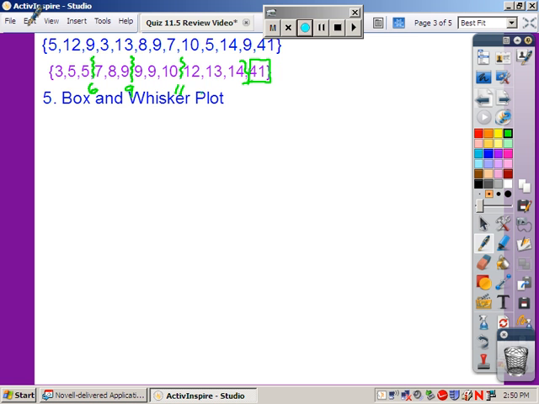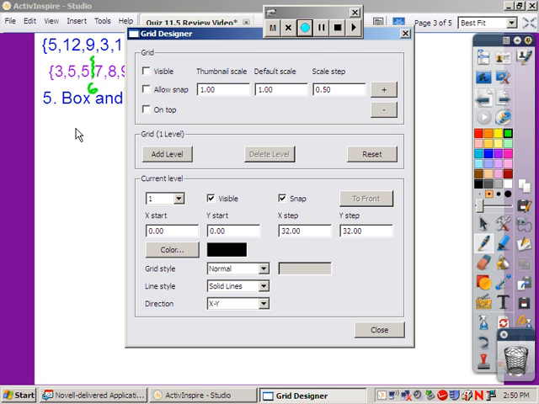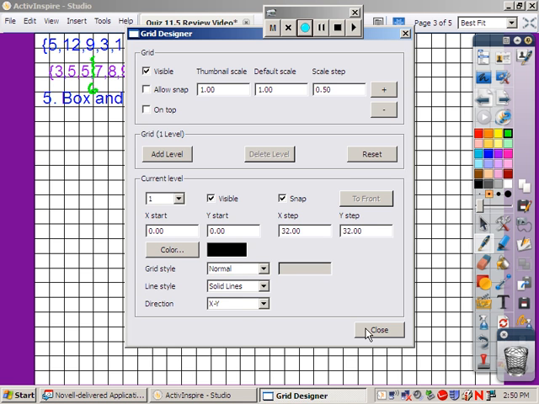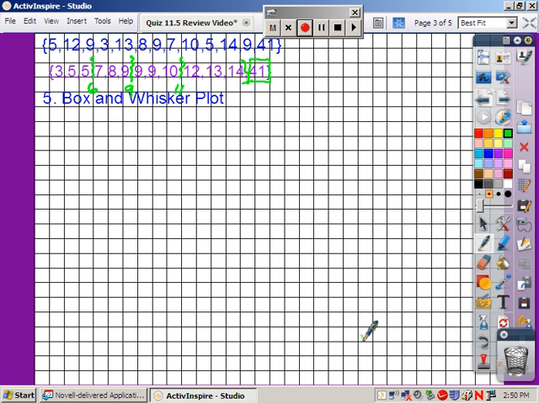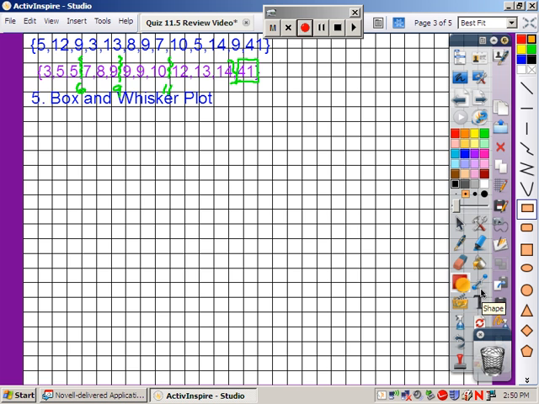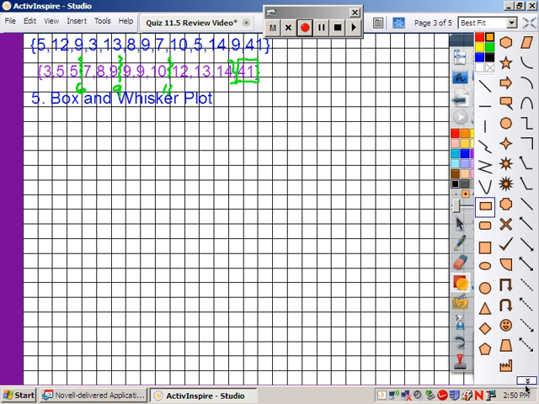Okay, so let me add this graph in here just to make this a little easier for us. Okay, first thing I want to do is I want to make a number line. So let me find that.